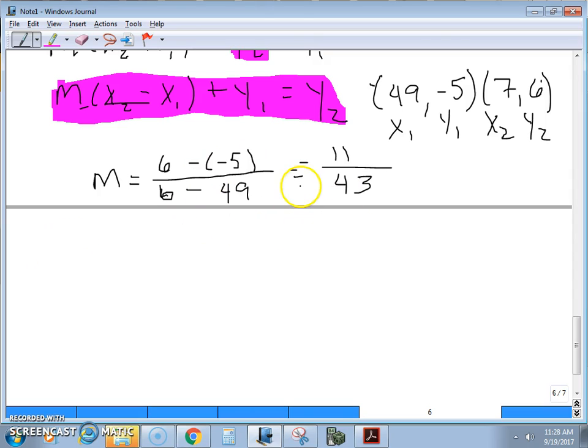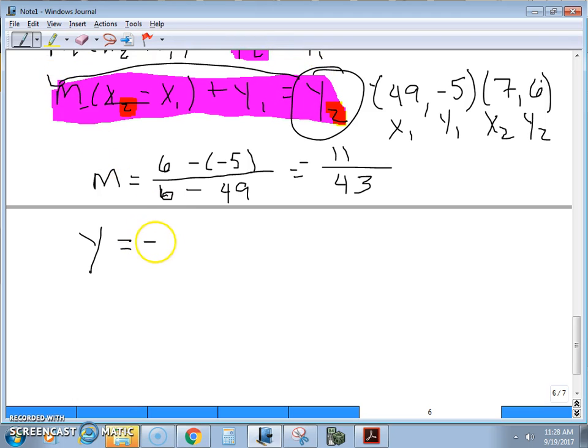So up here, when we found point slope form, these 2's that we have here, these subscript 2's just become regular x and y. So in point slope form, we have regular y equals, I'm just going to write this side first. Our slope, which is negative, and we pull that on the outside, negative 11/43 times x minus, right?